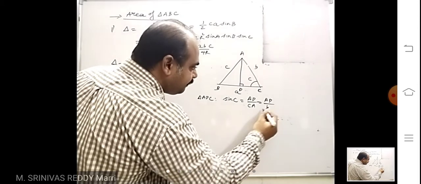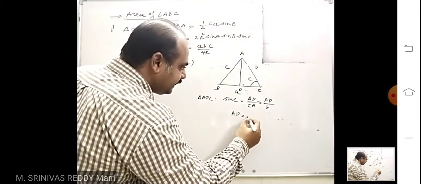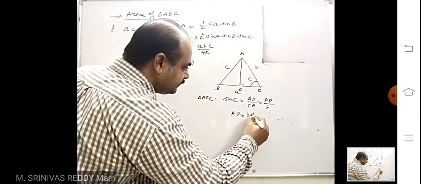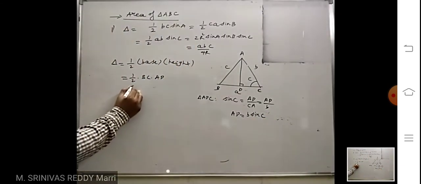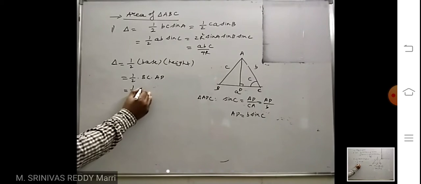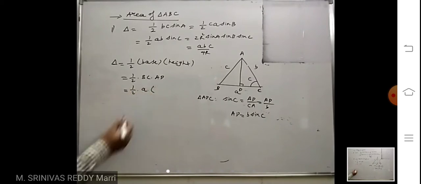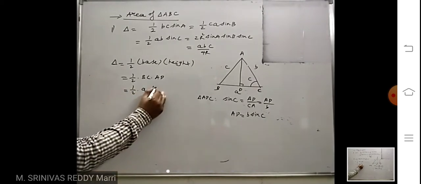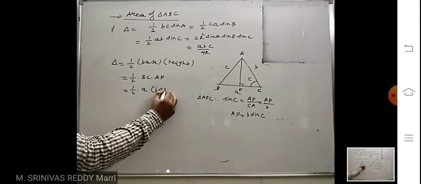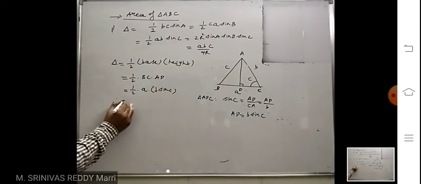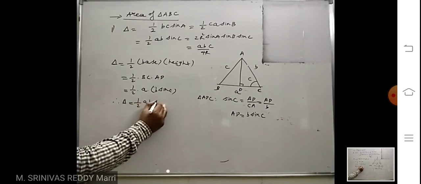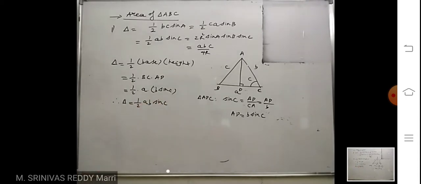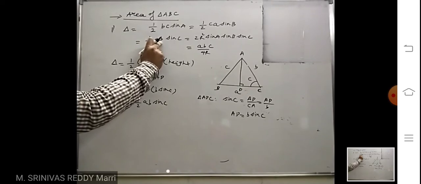CA is nothing but b, therefore this height is b sin C. So the area delta is half into BC, which is a, into AD, which is b sin C. Therefore, delta is half ab sin C. This is the one.